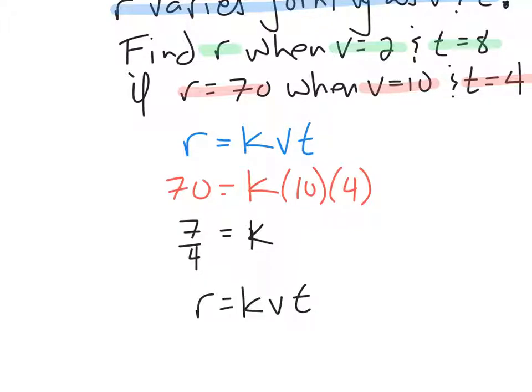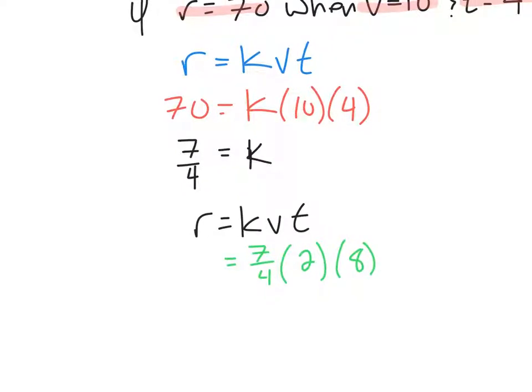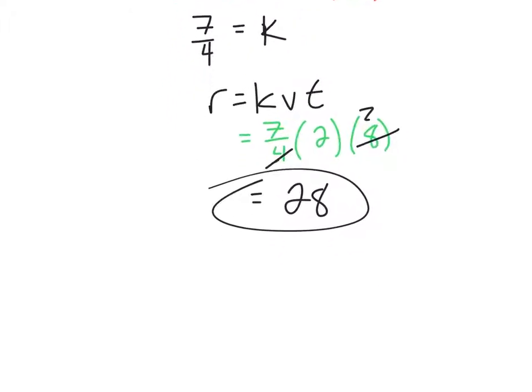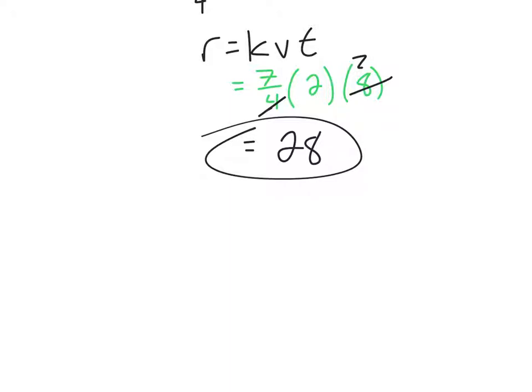And I am using the fact that K is 7/4, V is 2, and T is 8. 4 and 8 will go down to 2, which leaves me with R being equal to 28. We good? Okay. So, that is direct and joint variation. So now we have inverse variation.